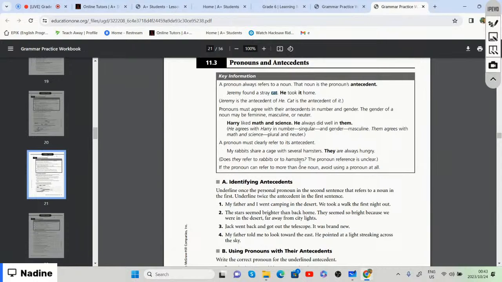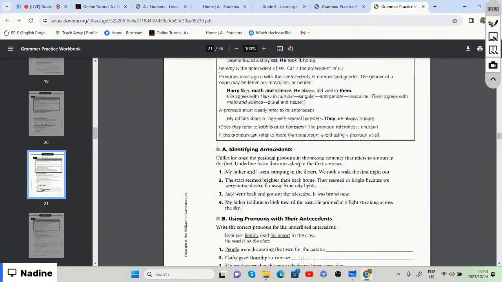All right, so now let's identify the antecedents within the sentences. We're going to underline once the personal pronouns in the second sentence that refer to a noun in the first. We're going to underline twice the antecedent in the first sentence. My father and I went camping in the desert.